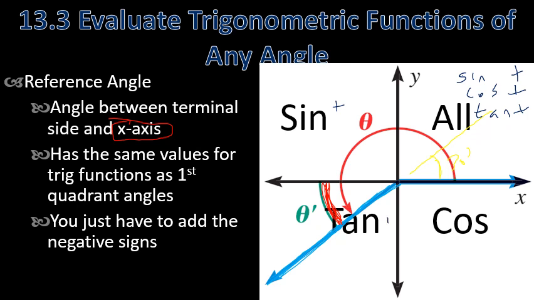Quadrant 3, tangent's positive, sine and cosine are negative. And quadrant 4, cosine's positive, sine and tangent are negative. So this is telling you what is positive. A way to remember this is "All Students Take Classes." All Students Take Classes tells you what's positive in which quadrant.